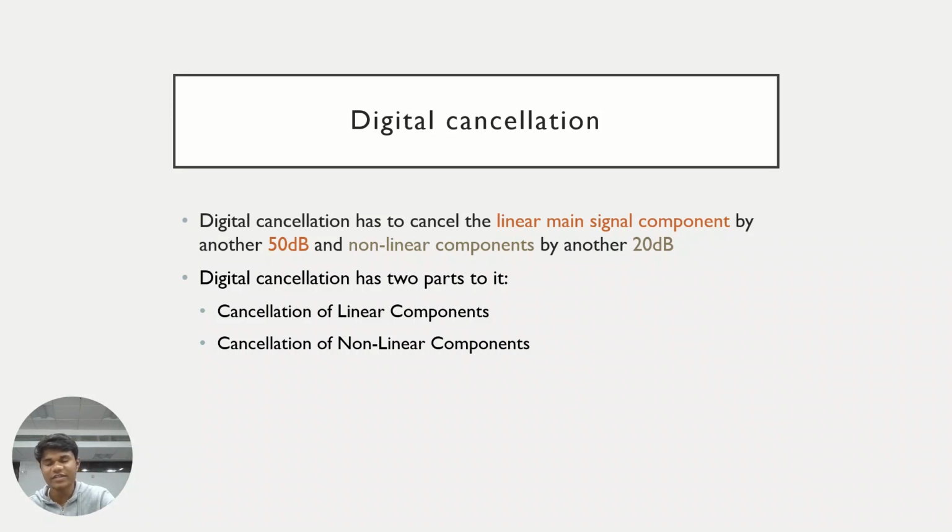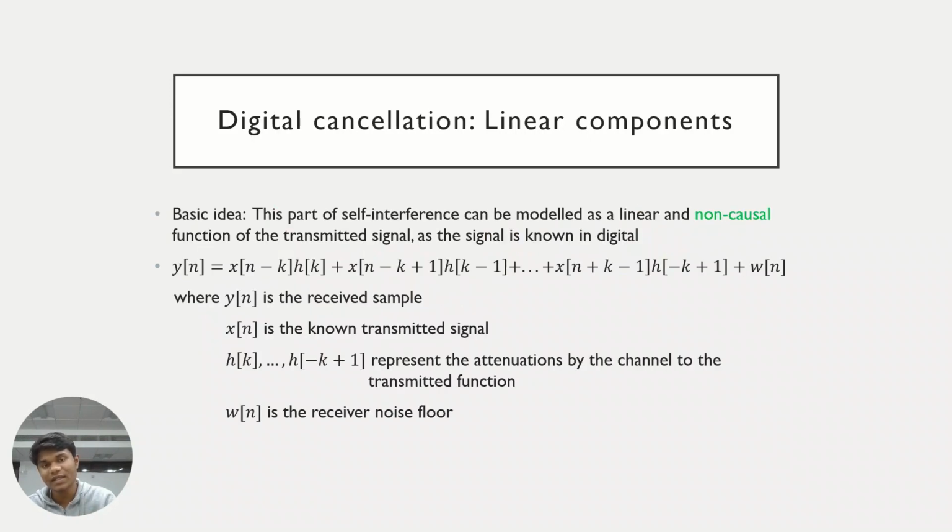Again, digital cancellation stage 2 has two parts to it: cancellation of the linear components and cancellation of the nonlinear components. I guess that was pretty obvious. For the cancellation of linear components, this self-interference can be modeled as a linear and non-causal function of the transmitted signal, as the signal is known in digital.